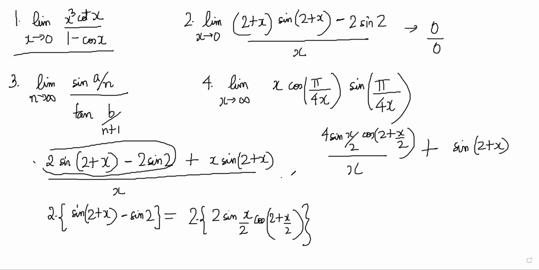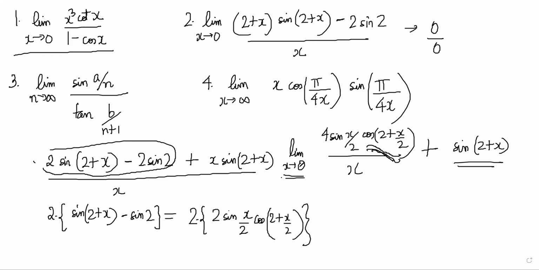And this is the limit that we want to find, right? This part is not a problem, it becomes simply sine 2. This part is the part which you have to think about. Here also, this part is not a problem.